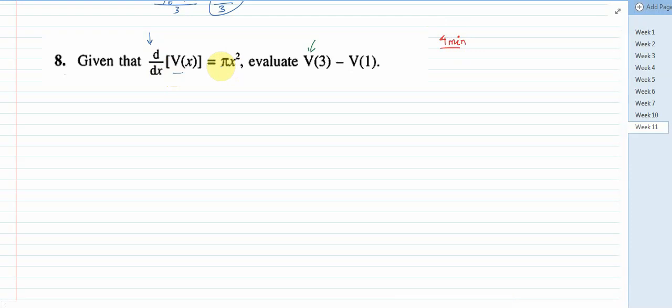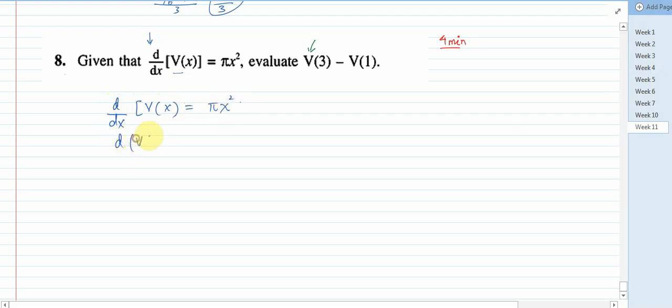Alright, so the function we have is d/dx of V(x) equals πx². You can say that dV(x) is equal to πx² dx. We need to apply the sign of integration on both sides.